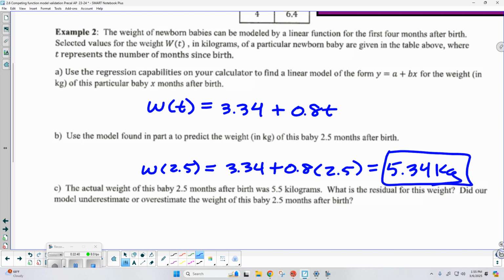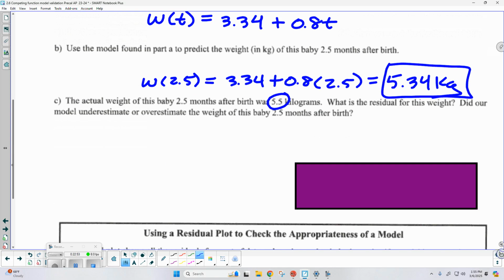Now in part C, the actual weight of a 2.5-month-old baby is 5.5 kilograms. What's the residual for this weight? I remember for the residual we have to subtract them, but is it actual minus predicted or predicted minus actual? Bailing, which one was it?